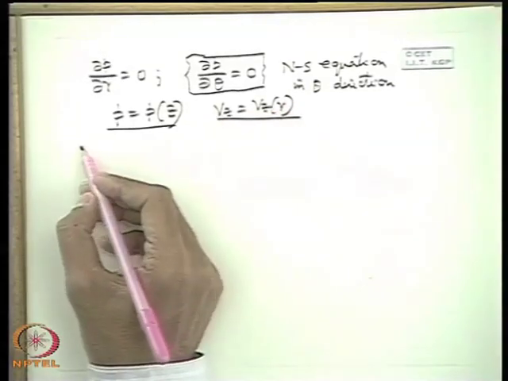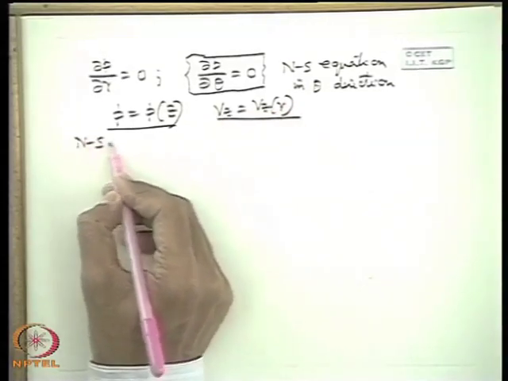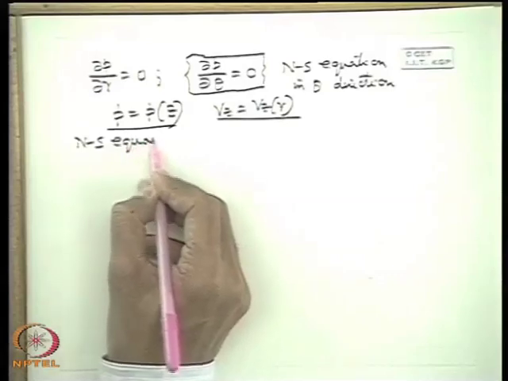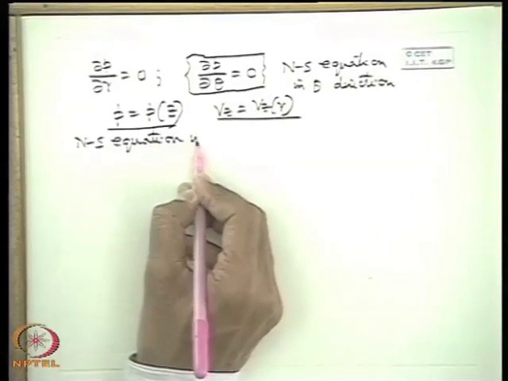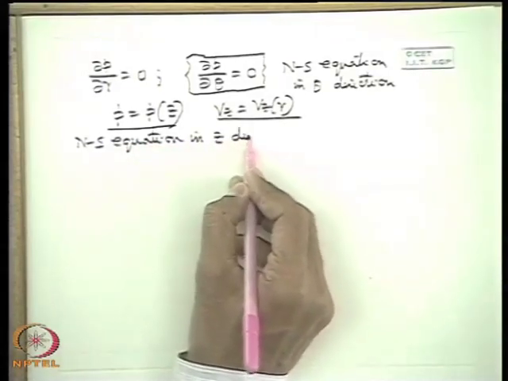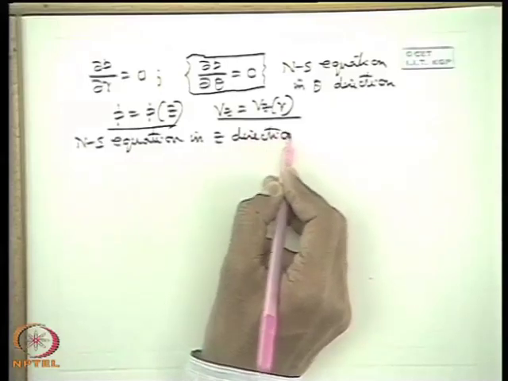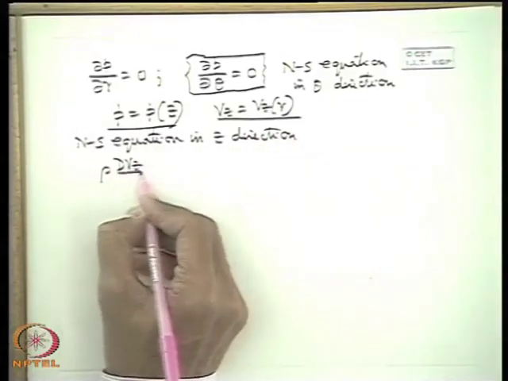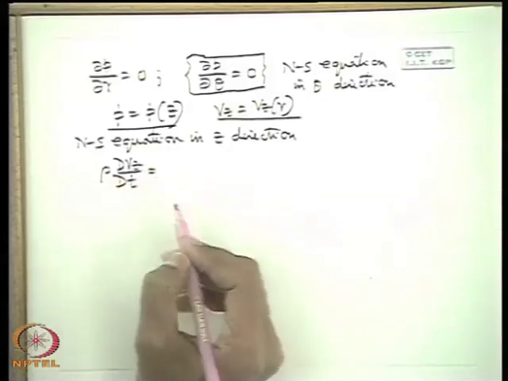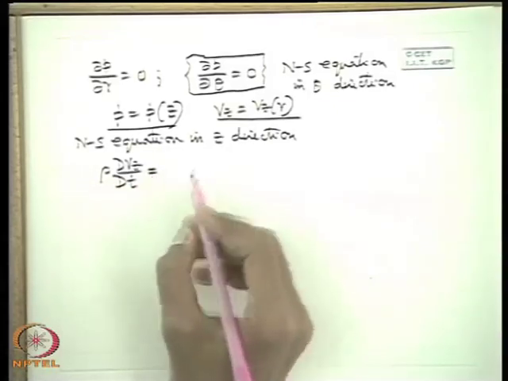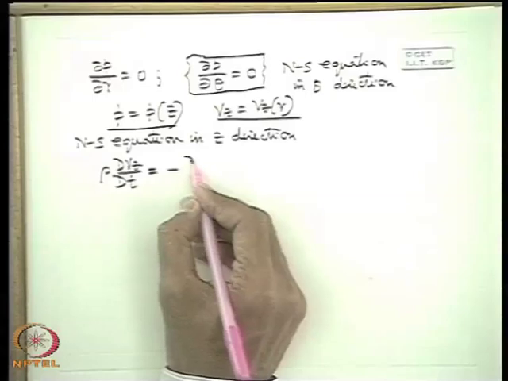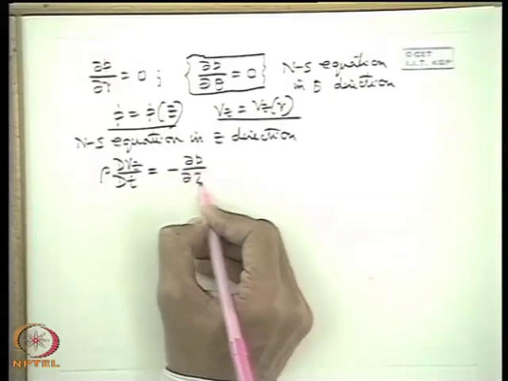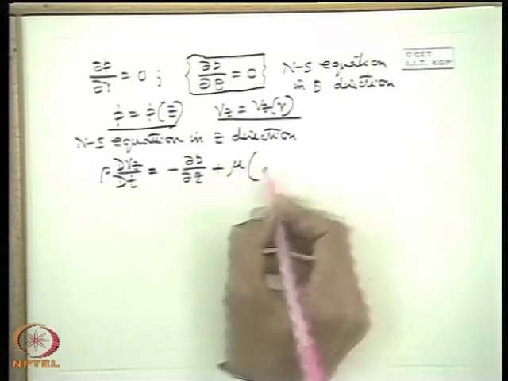Now write the z direction Navier-Stokes equation, that means along the axis of the pipe. Write rho dVz dt. dVz dt is the only acceleration in the z direction, unlike the r and theta directions, where no cross component comes. So this must be equal to minus del p del z plus mu times the Laplacian of Vz.